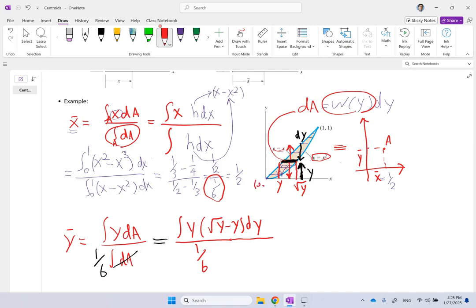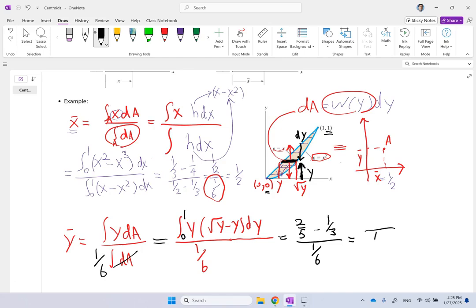Again, this point is 0, 0. That point is 1, 1. So clearly, your y goes from 0 to 1 as well. So this is going to go from 0 to 1. And again, integral of here, this is y to the 3 over 2. So integral of that is going to be 2 over 5 y to the 5 over 2. And at 0 and 1 is just that. And then minus, this is y squared, it's going to be y cubed over 3, so it's just going to be 1/3, and over 1/6.